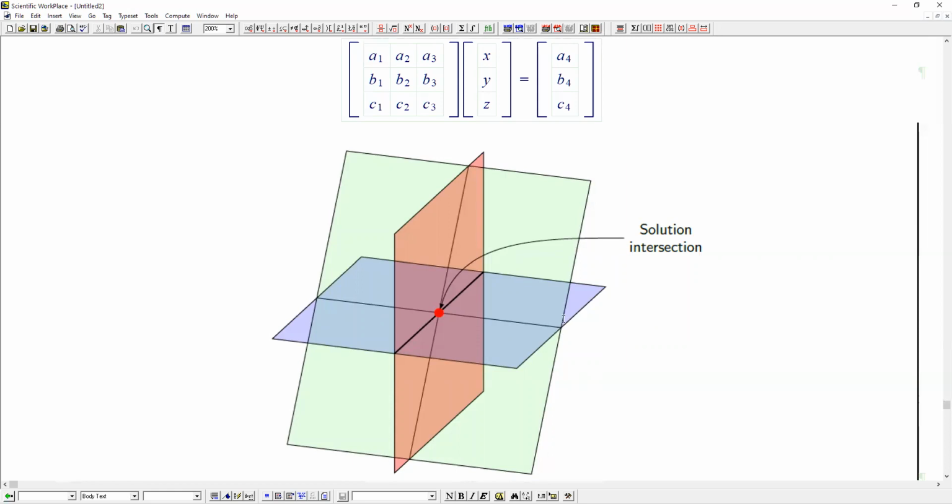And then if I had a third condition, a third equation, then that red one, for instance, then it would intersect the two others, and there's only a single point that would be compatible with the three equations at the same time.